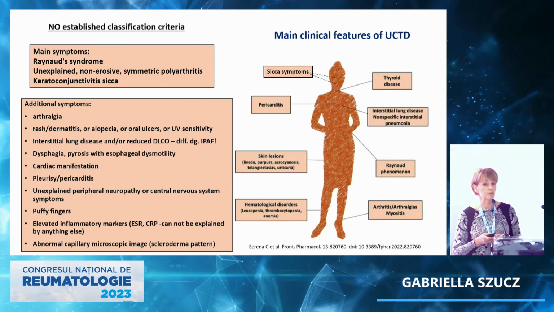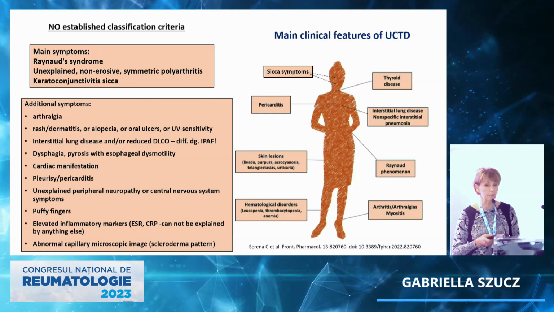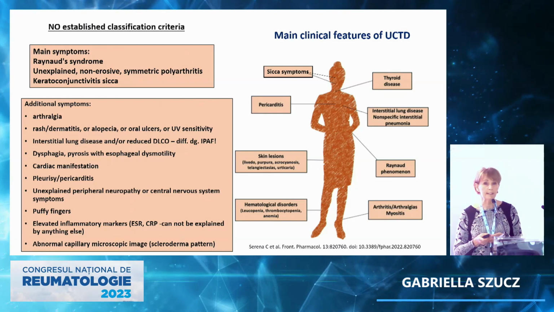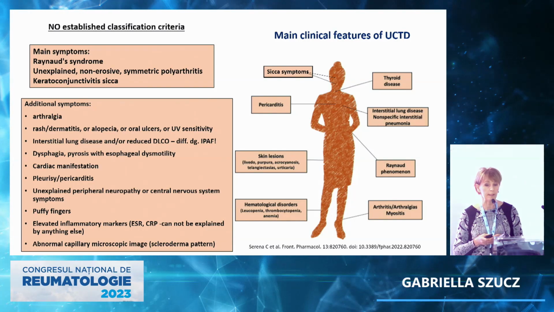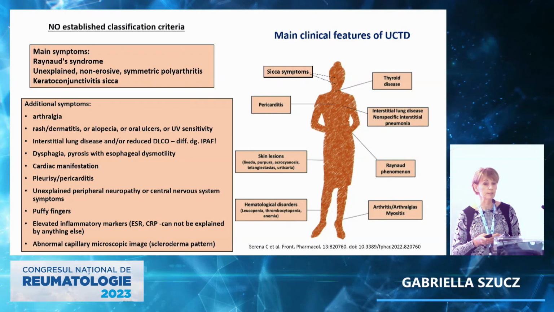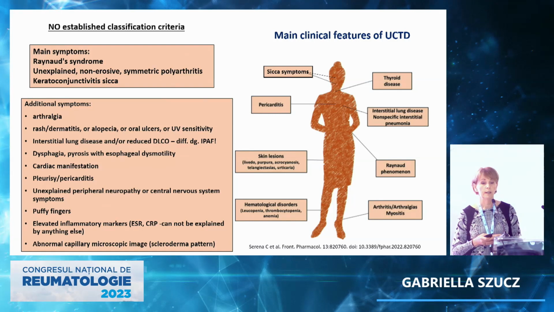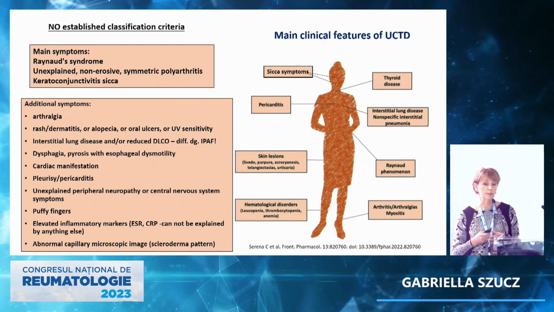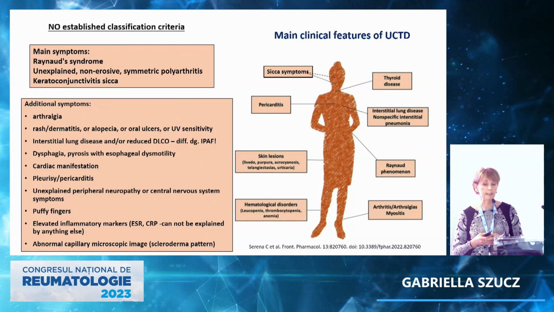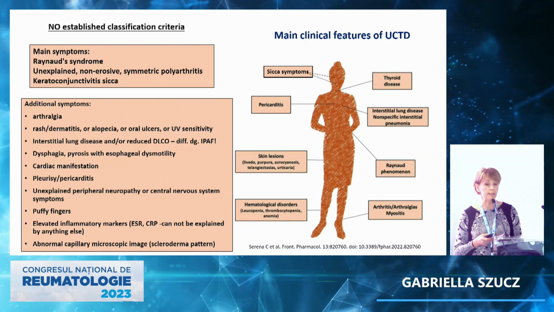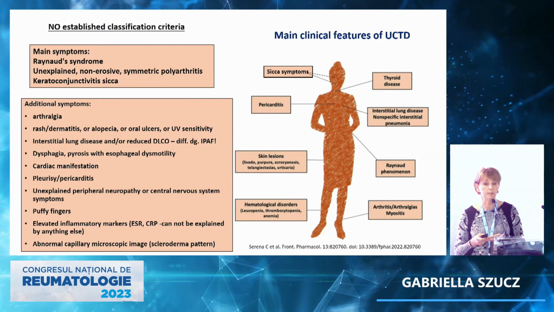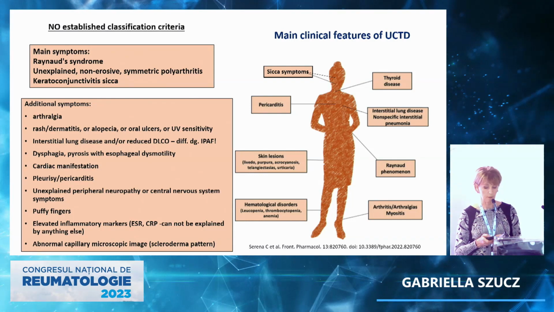Dysphagia, pyrosis, esophageal dysmotility, cardiac manifestation, pleurisy, pericarditis, unexplained peripheral neuropathy or central nervous system symptoms, puffy fingers can be the first signs of UCTD symptoms, as well as elevated inflammatory markers which cannot be explained by anything else, and abnormal capillary pattern.